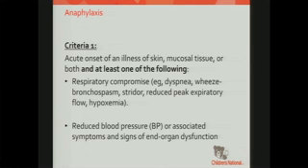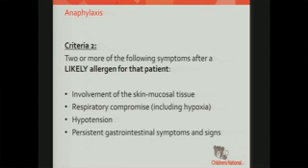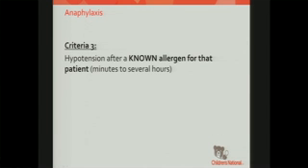Criterion 2, if you have 2 of the following, so you could have hypotension and GI symptoms, that technically would be anaphylaxis in a patient with a likely allergen, or it could be a skin issue and hypotension, or skin issue and GI symptoms as well. And then criterion 3, basically if the child is hypotensive after a known allergen for the patient, irrespective of skin findings.